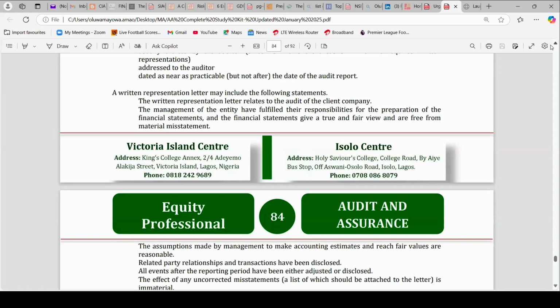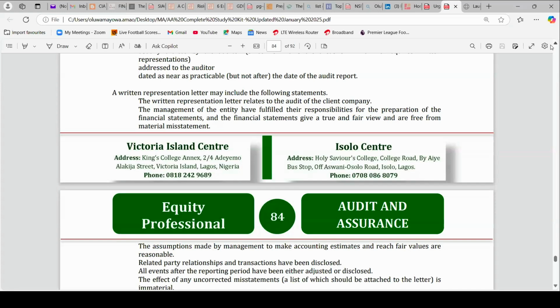Then the second thing, like I said, which is part of the objective: the management of the entity must take responsibility for preparing the financial statements, and that the financial statements give a true and fair view and are free from material misstatement. So one of the key things in a written representation is that management's responsibility for preparation of financial statements must be stated.